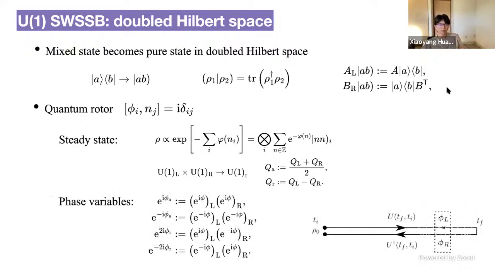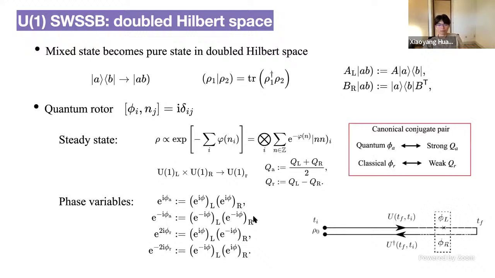So after constructing this steady state, I want to construct a phase field that basically mimics the phase field that we talk about in the U1 case. This phase field defined in the double Hilbert space can also be thought of as the Keldysh fields in the Schwinger-Keldysh formalism.